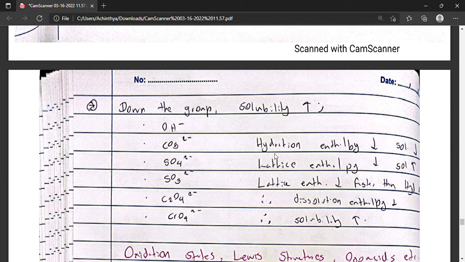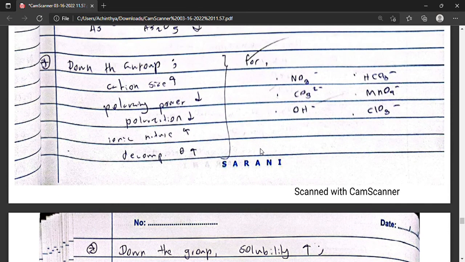So thereby, because of that, the net addition of this, that is the dissolution enthalpy, the net effect makes it decrease down the group. And when the dissolution enthalpy decreases down the group, the solubility increases. And these are the solubility and the decomposition temperature relations.